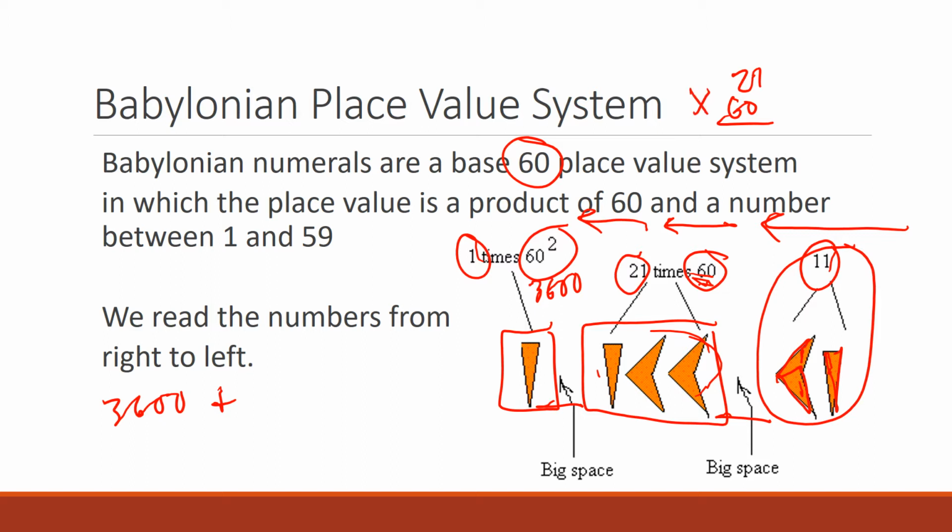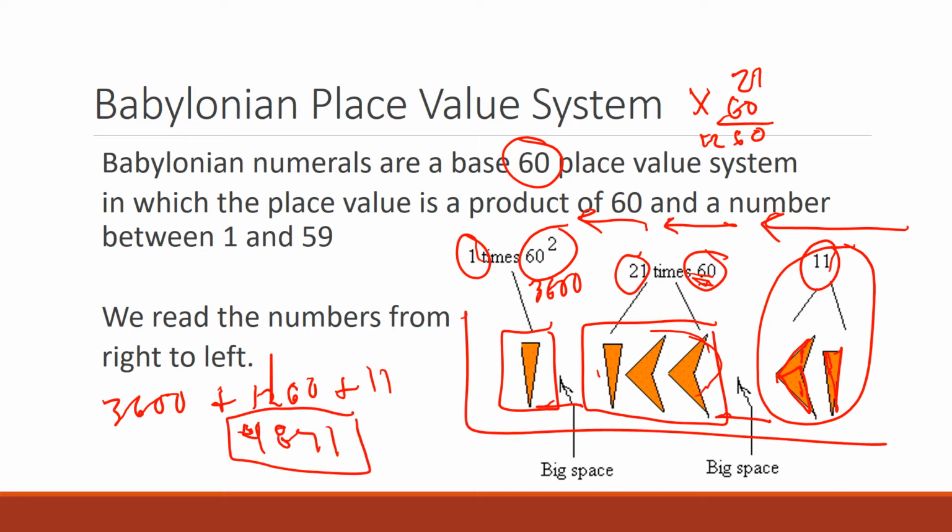My pen is really misbehaving today. That's going to be 1,260. And then 11. So these 3 symbols together represent 4,871.